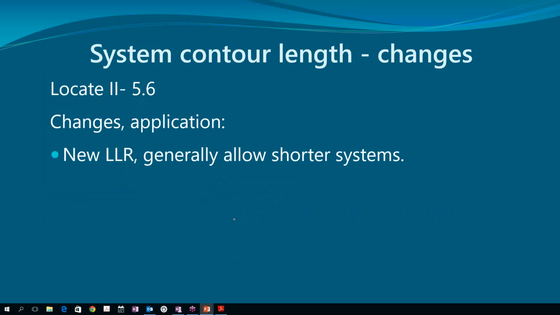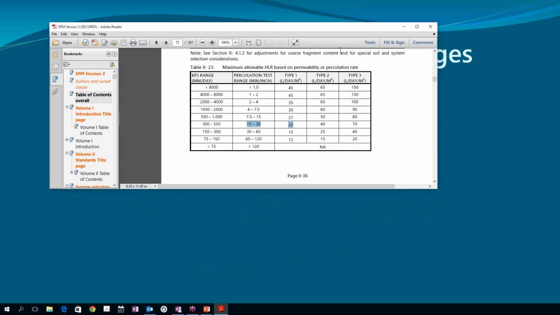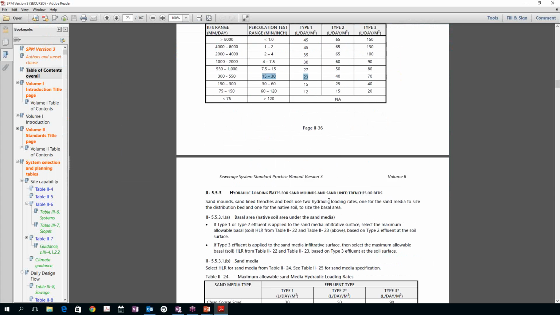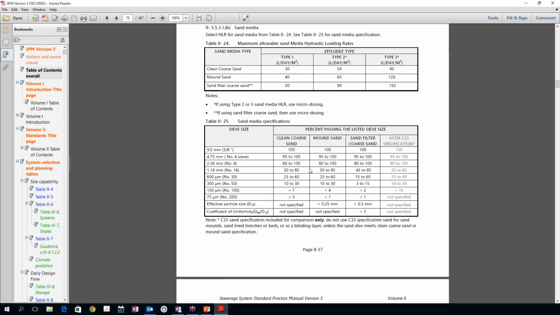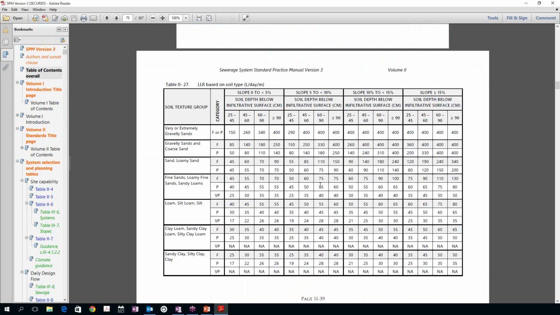The new linear loading rate generally allows much shorter systems. Me and a lot of other people complained quite strongly that linear loading was killing the industry. All these numbers up in here are way bigger than they were before, which allows us to have shorter systems.